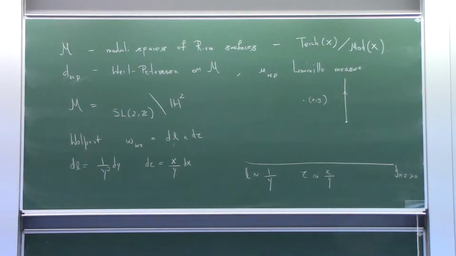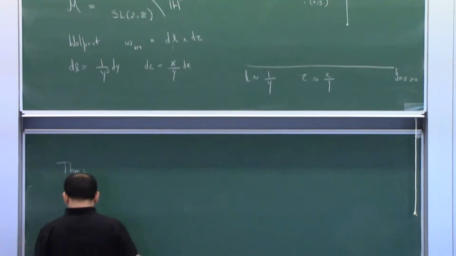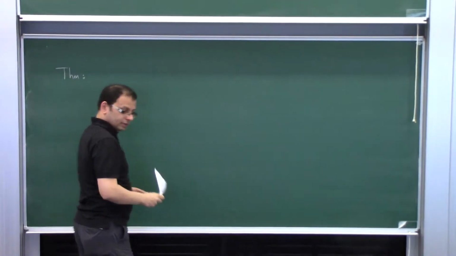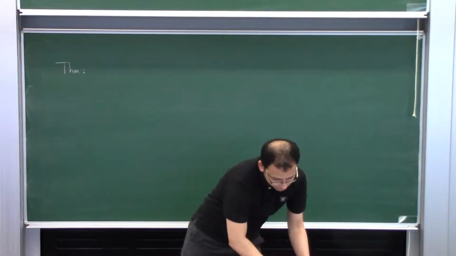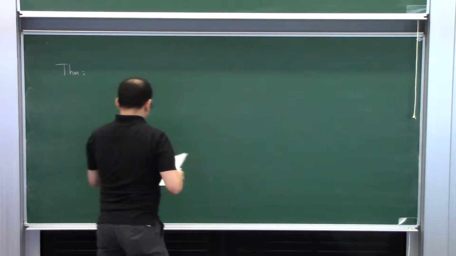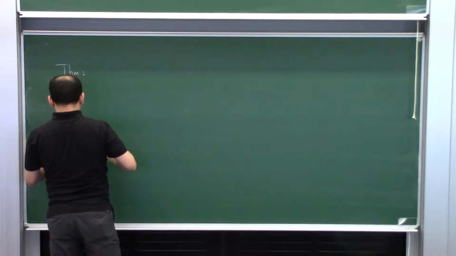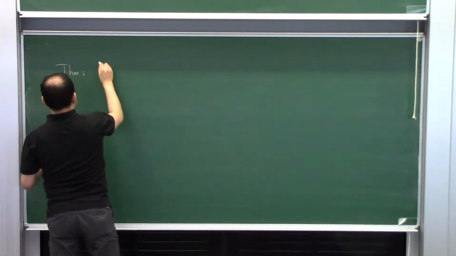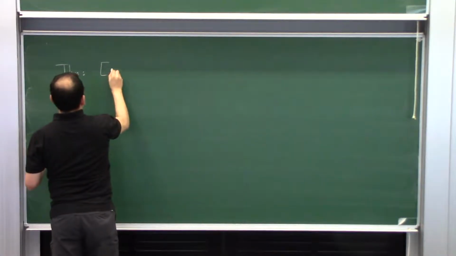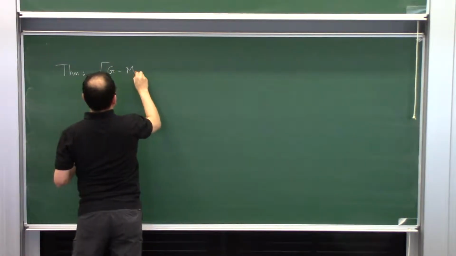So what's the result for moduli spaces in general? The result for moduli spaces in general is a conditional result. There are two parts to this. Again, it's joint work with Matheus.